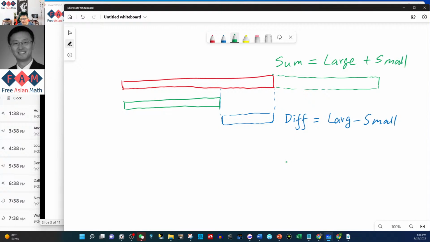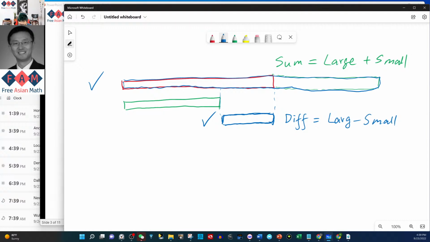So how do we figure out the actual large and the small if we only know this difference, which is right here, and we know the sum together, which is the total length of this combined bar?